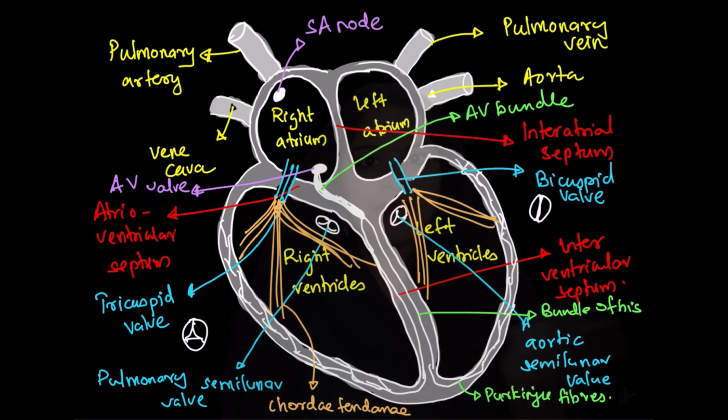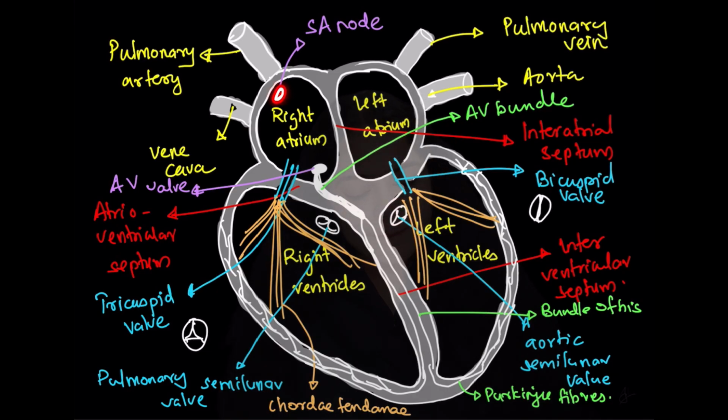Once the blood reaches the lungs, the blood gets oxygenated and is taken back to the heart through the pulmonary vein, and this pulmonary vein drains blood into the left atrium. From the left atrium, blood moves to the left ventricle through the bicuspid valve, and from there blood is pumped out to different parts of the body through the aorta, through the aortic semilunar valve.